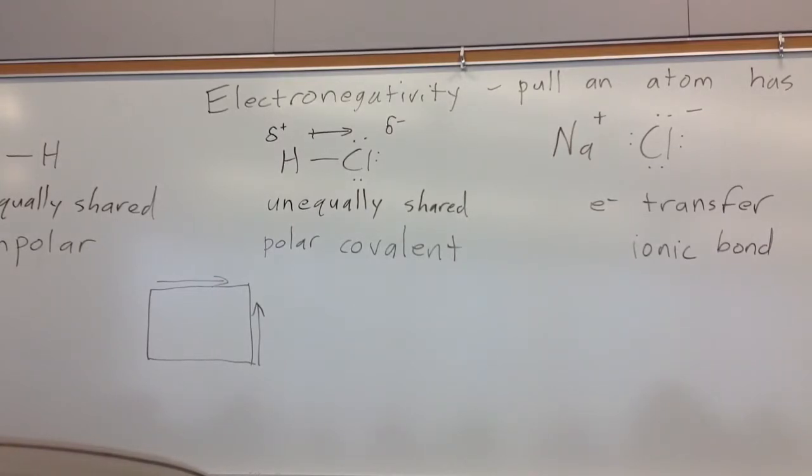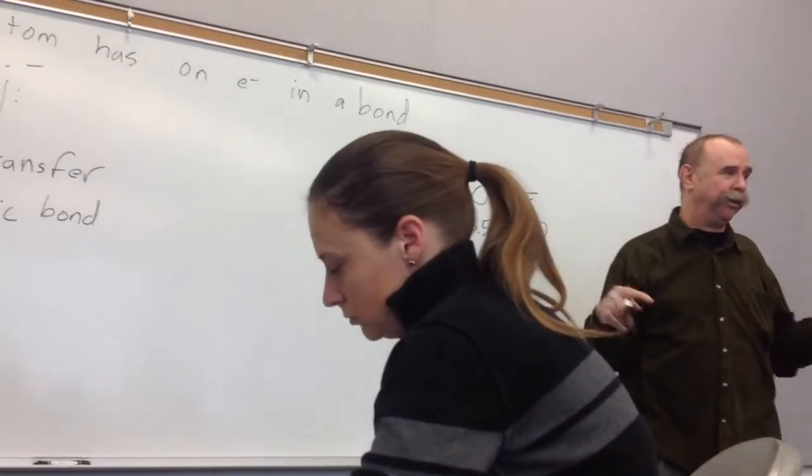Nitrogen, 3.0. Oxygen, 3.5. Different tables sometimes give slightly different values, not massively different, but different people have set up different tables, so you might occasionally come across a table of electronegativity that might be slightly different than these numbers. Don't let it bother you too much.